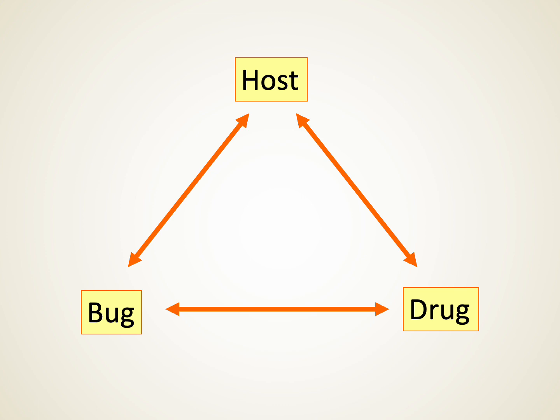What our approach is when we add drug therapy is to find something that renders the pathogen or the bug either killed or inhibited in some way, but we also hope that that drug has minimal or no effect on the host.